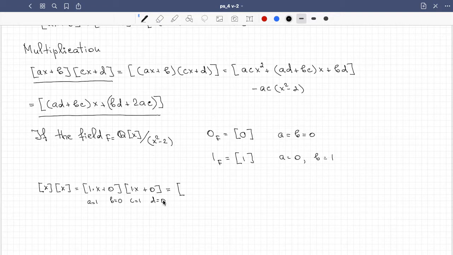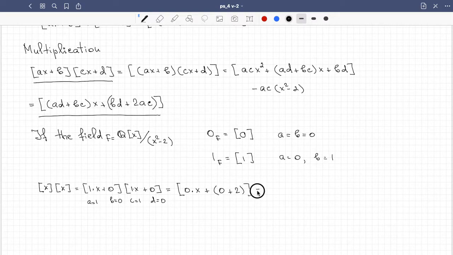So ad plus bc: ad is 0, bc is 0. 0 times x plus bd plus 2ac. bd, both zeros, is 0, and ac is 1. 2ac is 2.